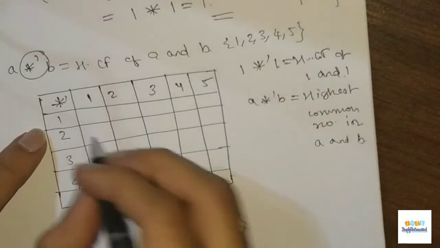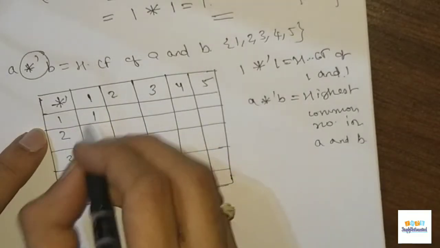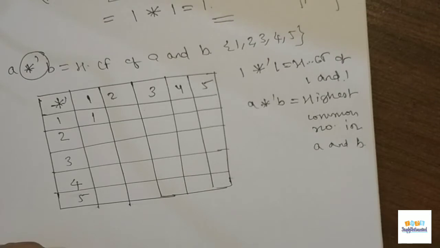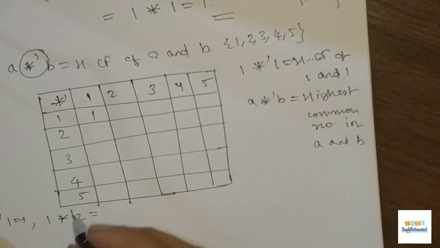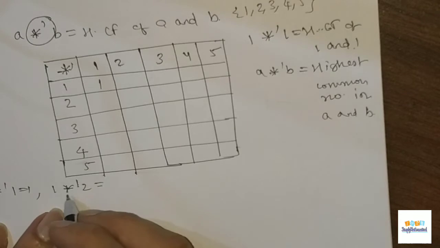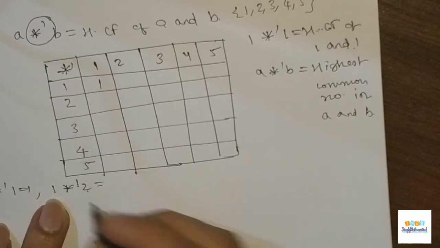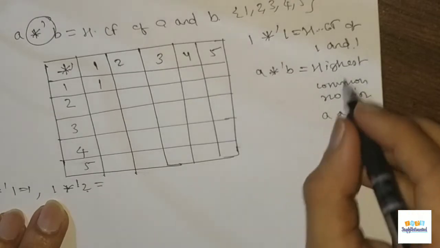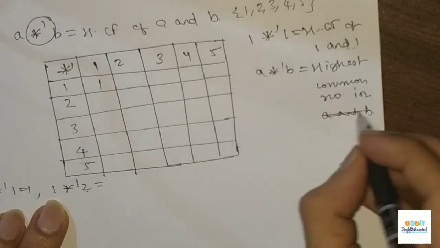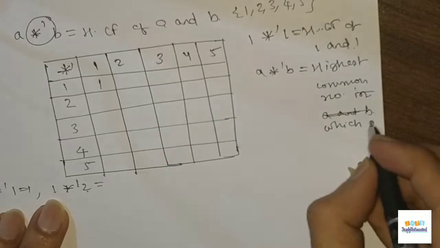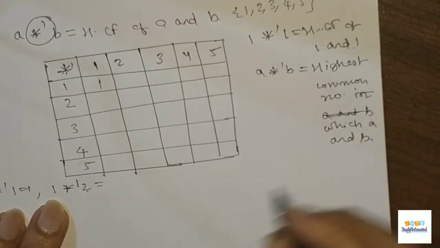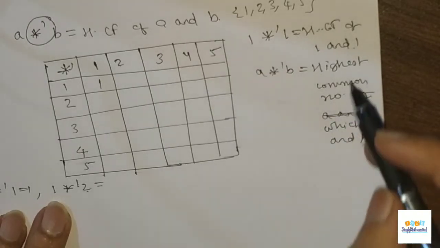So what you will get here: 1 star prime 1 will be 1, right? Then if you take 1 star prime 2, what will this be? It will be the highest common number which divides both 1 and 2, that is the HCF, right?